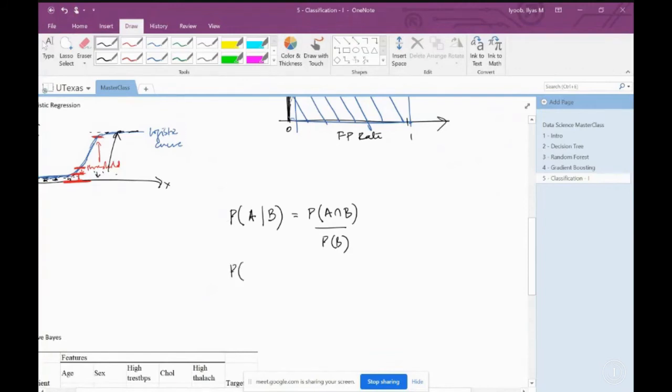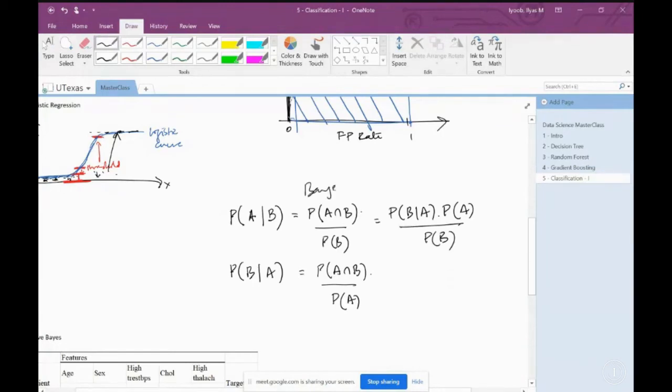But then if I do the same thing for B given A, that is the probability of A intersect B divided by the probability of A, right? So since these two are the same, I'm going to replace A intersect B with the probability of B given A times the probability of A over the probability of B. Okay, so this is known as Bayes' theorem.